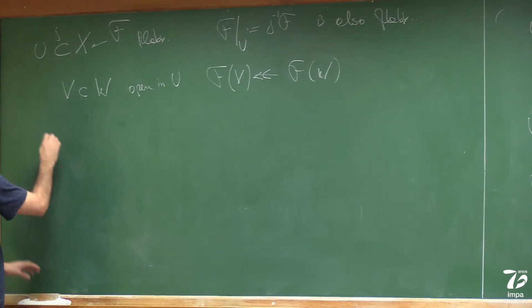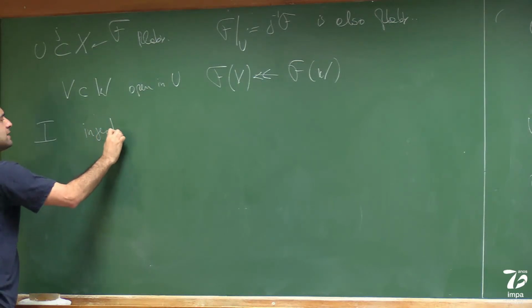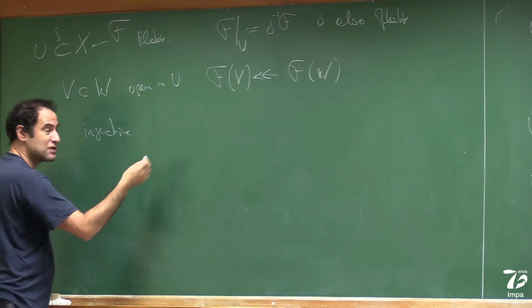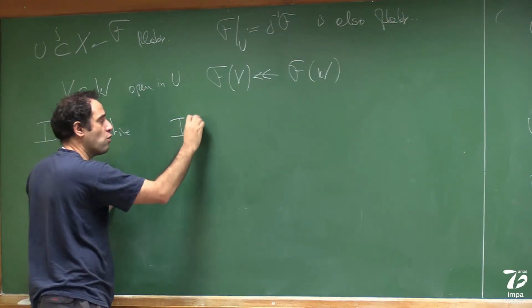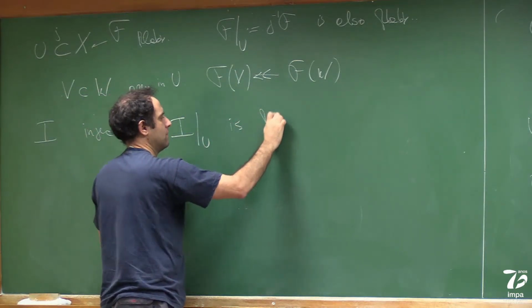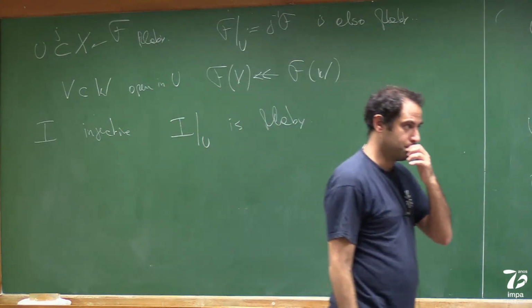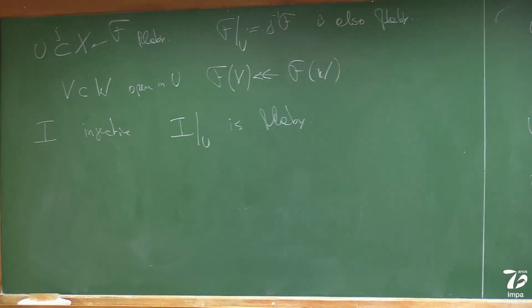So in particular, if you have an injective sheaf on X, then the restriction of that guy to any open is flasque. But it might not be injective. But it's flasque.